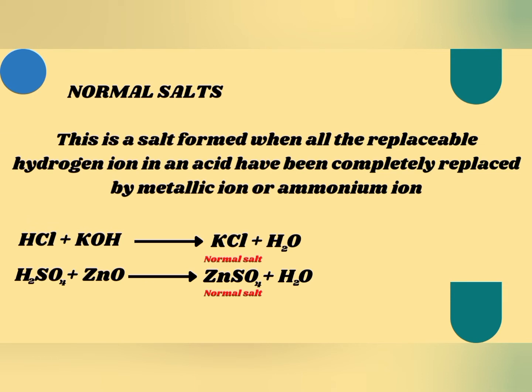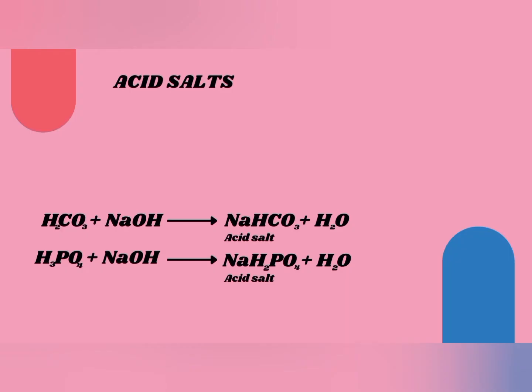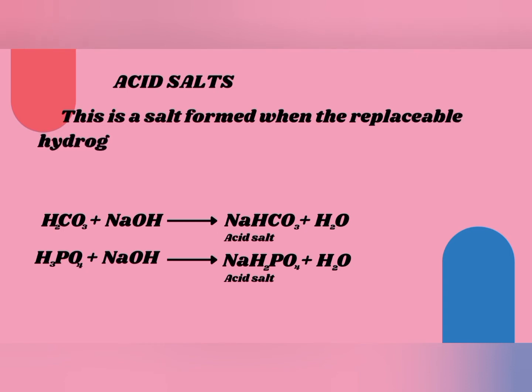So you can see they are actually salts that are formed by acids that are monobasic, that contain only one replaceable hydrogen ion. Examples of normal salts include potassium chloride, sodium chloride, etc.